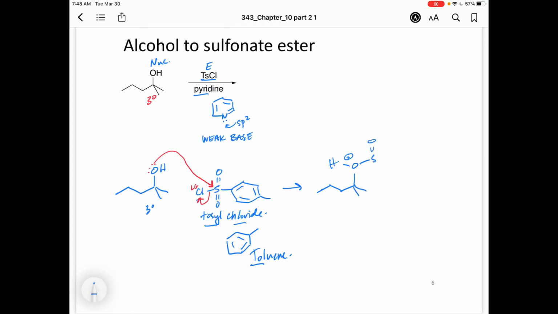So we're going to have our sulfur group, our sulfonate ester, okay? And we've got our toluene. All right, now we're going to use our pyridine, which is that weak base. It's going to pick up this very acidic proton there. And then now we're going to have our desired tosylate, our desired product here.